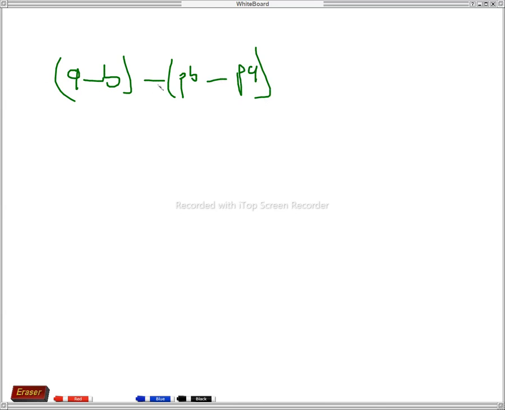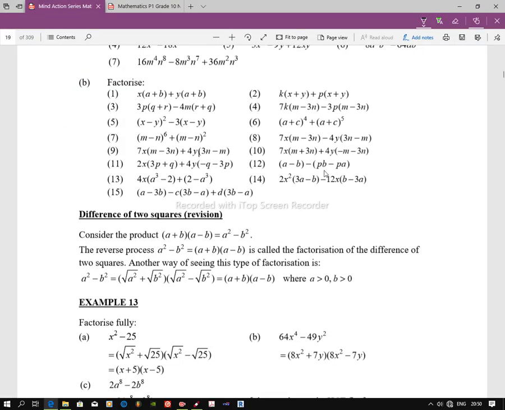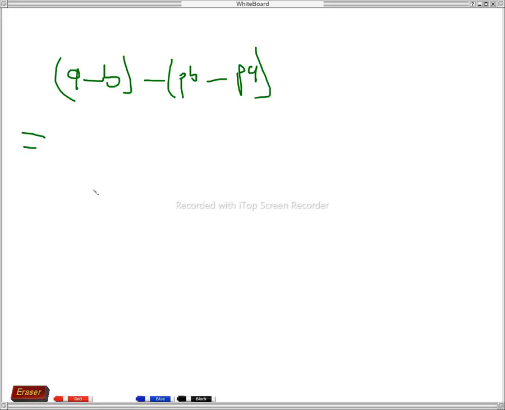So I'm having something like this. They say factorize. Okay, it is a correct question.